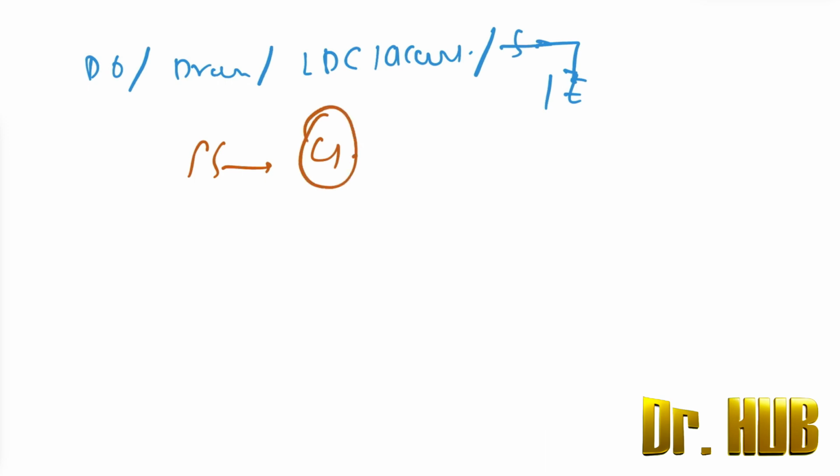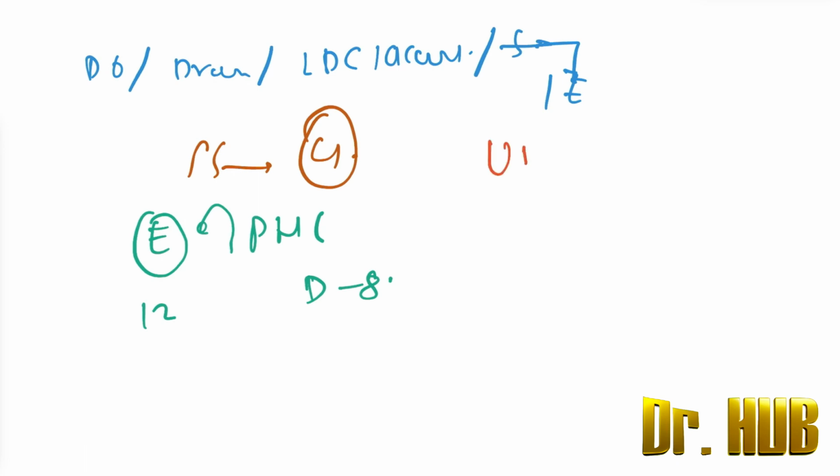So when we look at the final values, the total expected in a PHC is going to be 12 and the desired is 8. And in terms of UPHC, it is going to be 16E and 5D. Then comes the polyclinic.